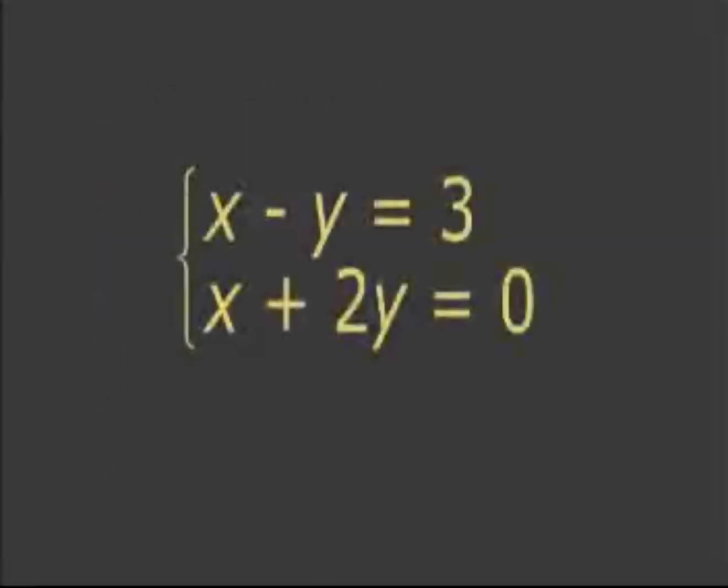For example, x minus y equals 3 and x plus 2y equals 0 is a system of two linear equations. Let us find its solution set.